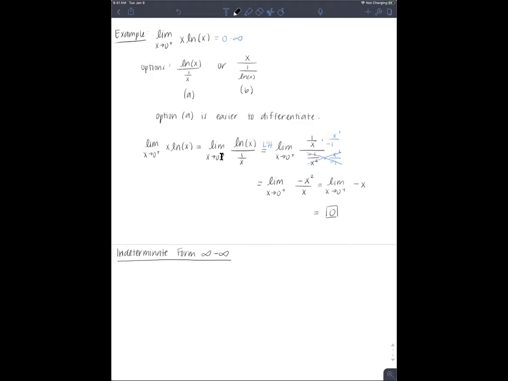And so here, this type of indeterminate form happens when you have something that looks like f of x minus g of x, right?